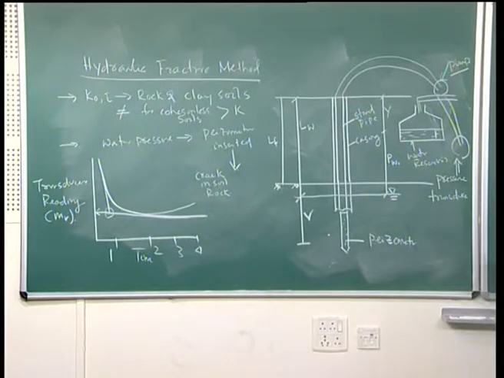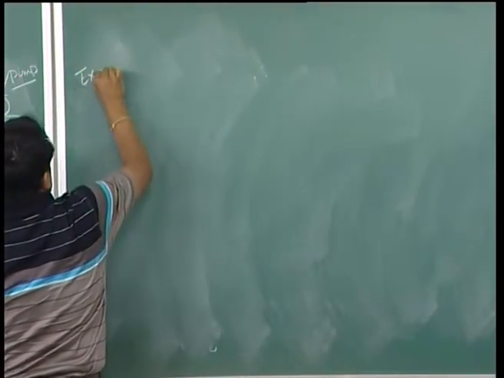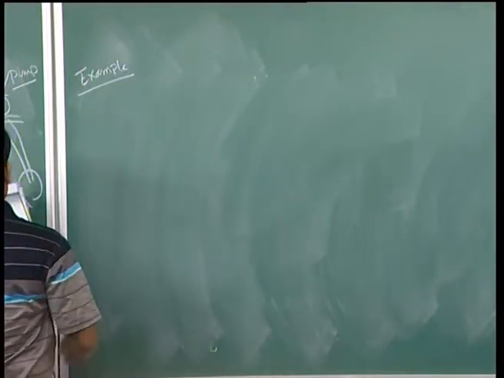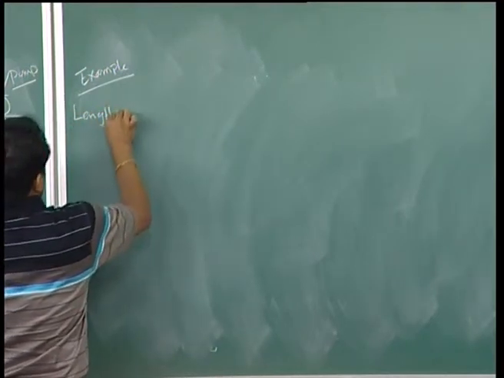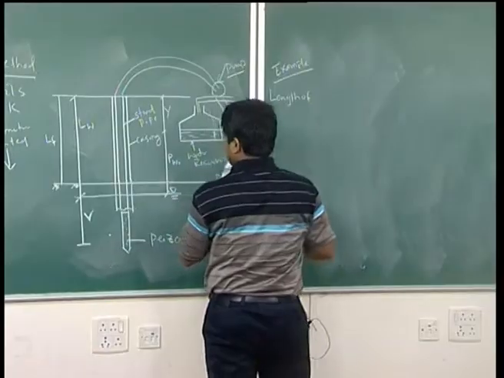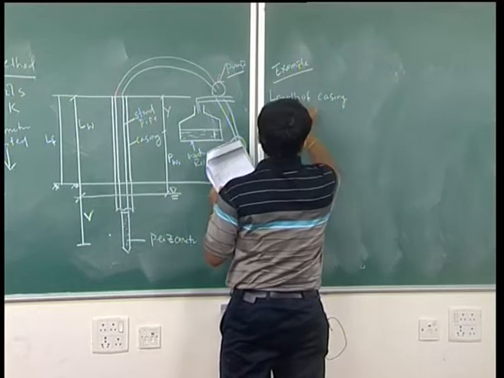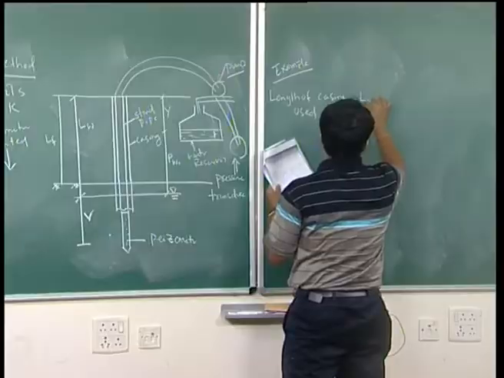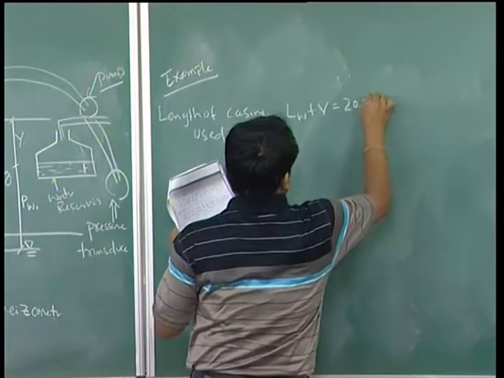Hydraulic fracture method. So, what are the given data? Given data is your length of casing used, which is equal to LW plus V, 20.5 feet.